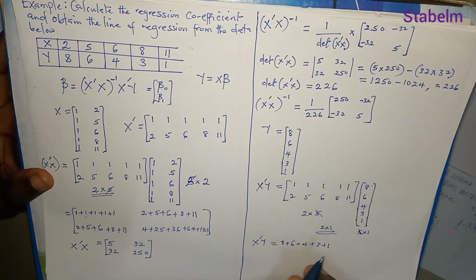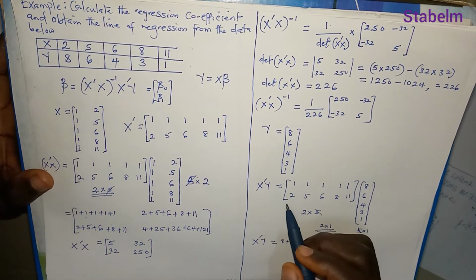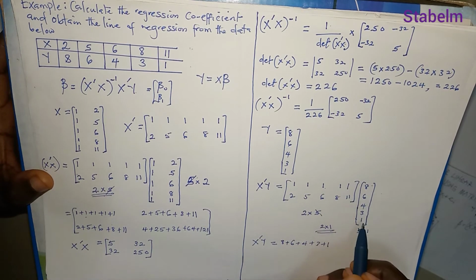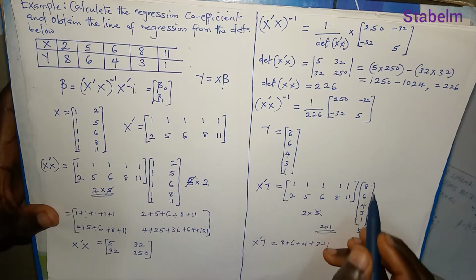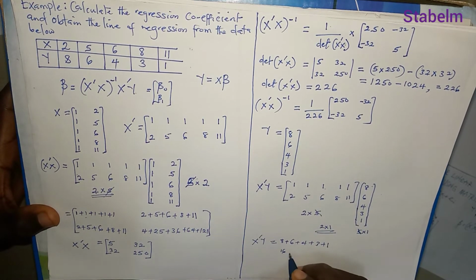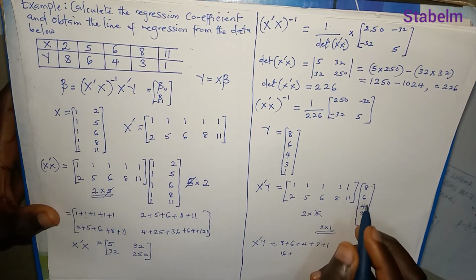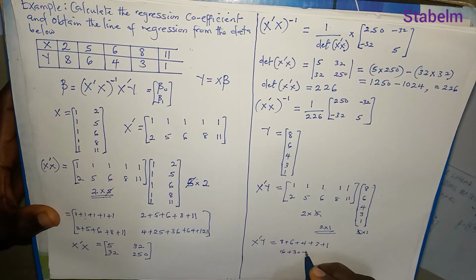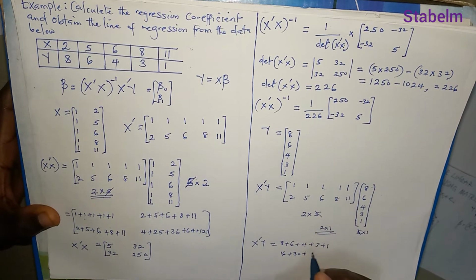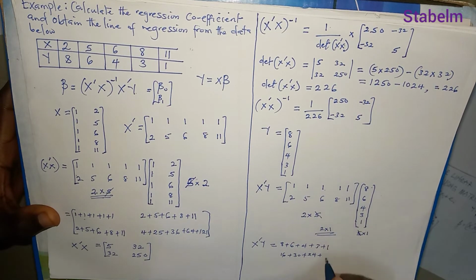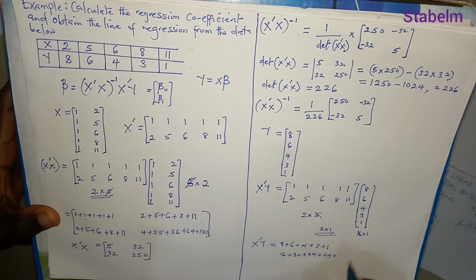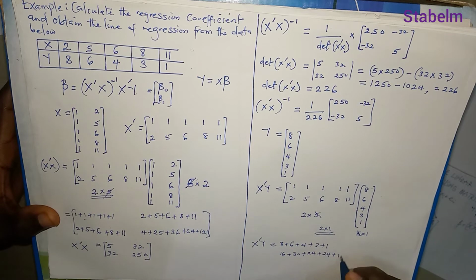Now we've gotten the first point, and we're going to use the second row to multiply this. That will give us 2 times 8 is 16, plus 5 times 6 is 30, plus 6 times 4 is 24, plus 8 times 3 is 24, plus 11 times 1 is 11.